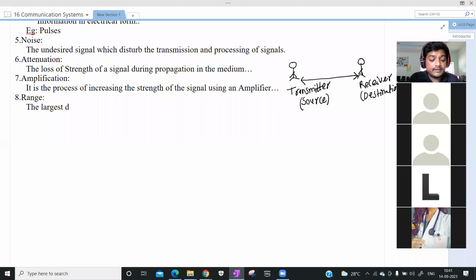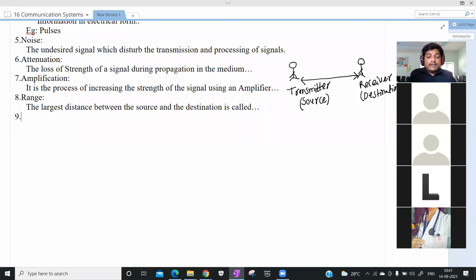The largest distance between the source, meaning the transmitter, and the destination, the receiver, is called the range.